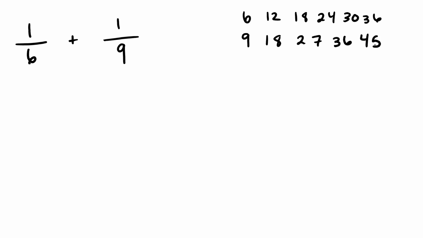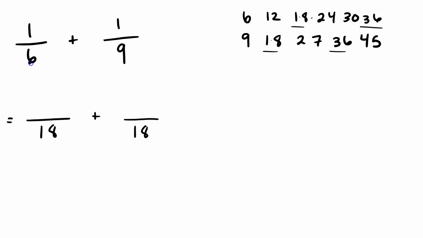Minor brain fart. You're noticing that we're having two common multiples, right? We have 36 and we have 18. But what we want to do to create the least amount of work for us is use the lowest common multiple. So I'm going to make sure that my next denominator is going to be 18.